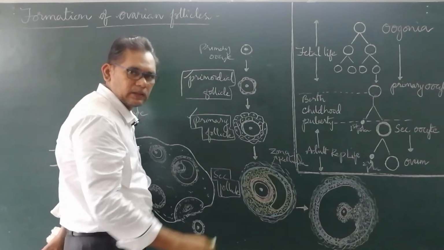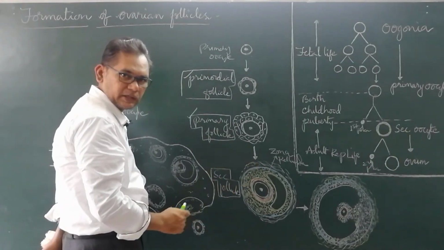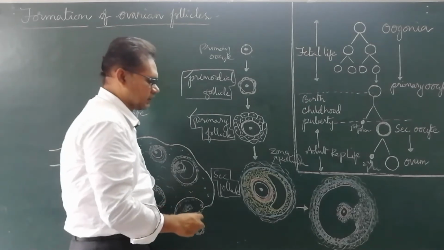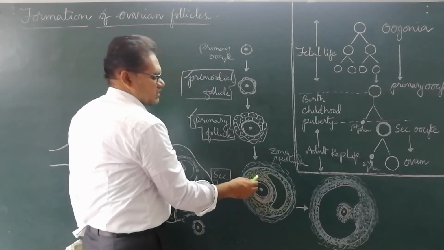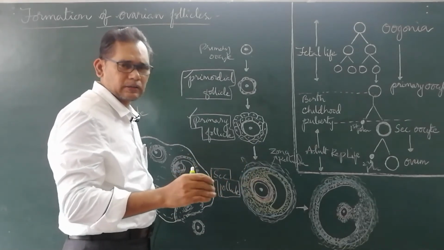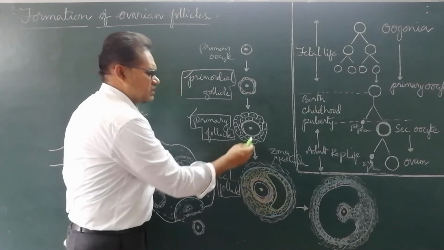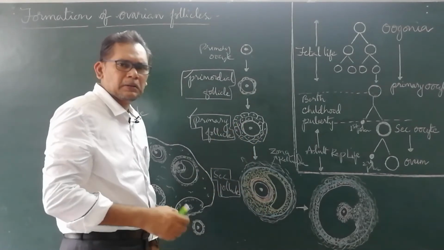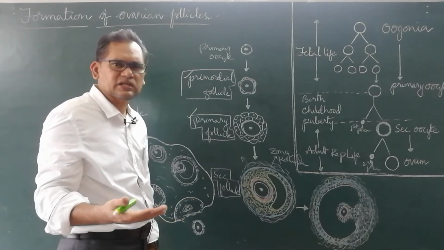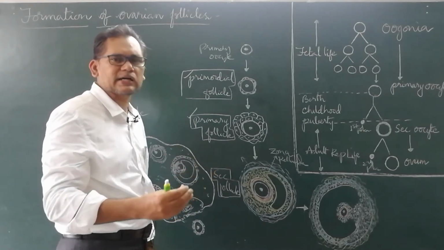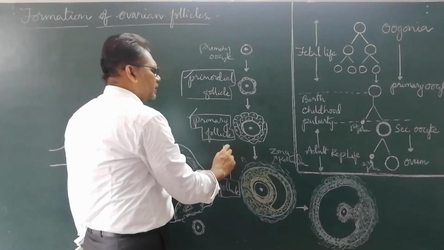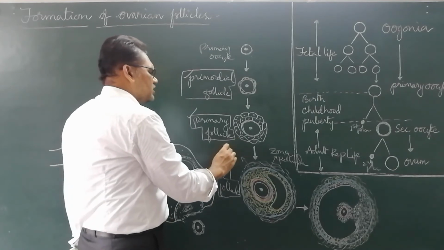The primary oocyte produces a membrane surrounding it called the zona pellucida. It is covered by cells, which are called membrana granulosa cells, or simply follicular cells. As they surround the follicle, they are called follicular cells, otherwise membrana granulosa cells.